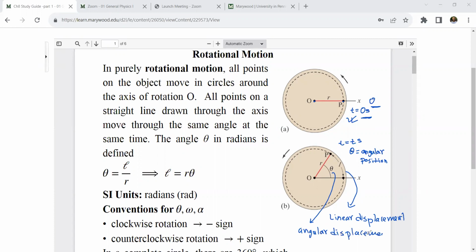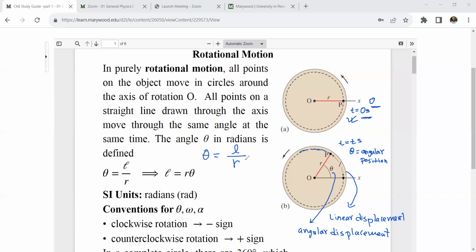Now from geometry you can determine a relationship between L and theta, if you know the radius of the path of P. The path of P is this dotted circle, and if R is the radius of this dotted circle, then from the geometry, which you probably already learned in math class, the relationship is theta equal to arc length divided by the radius.